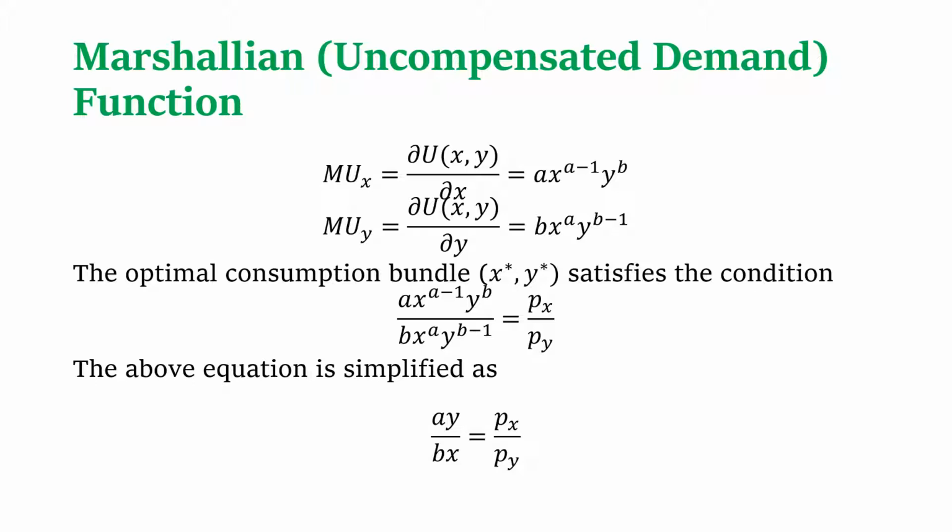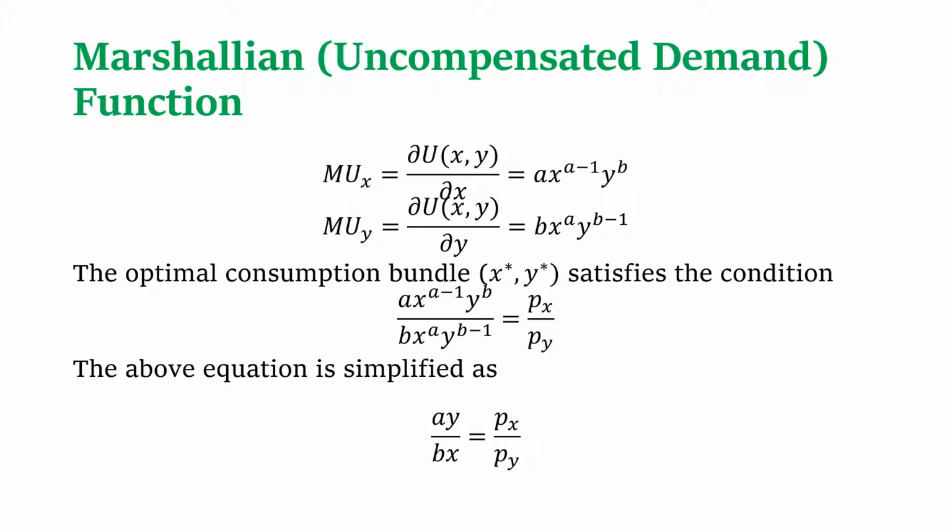When we subtract 1 from a, we get a minus 1. So instead of x^a y^b, we now have a x^(a-1) y^b. So that is the marginal utility of good x.